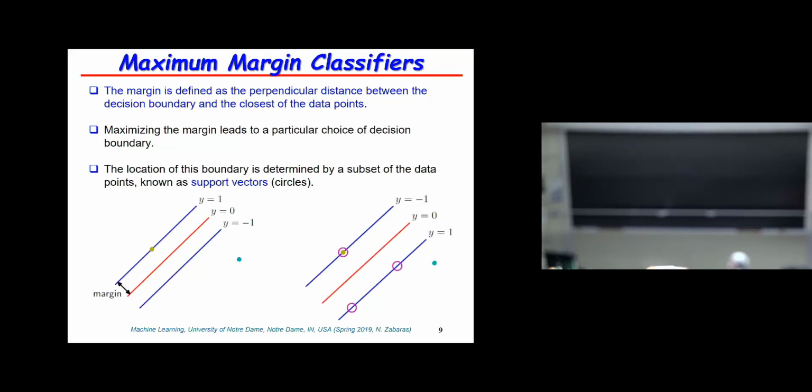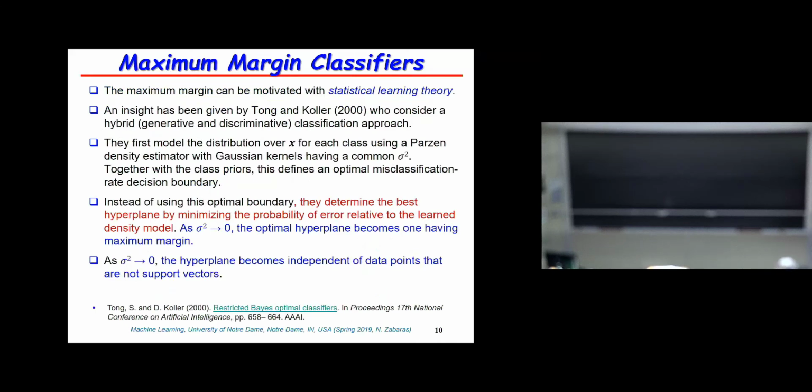When you hit the nearest data points, that defines the margin that you see on the left, and the nearest points are called the support vectors. Now I'm going to have to explain the notation here. Obviously, the separating hyperplane is y equal to 0, and then I'm going to explain why this is y equal to -1 and y equal to +1.